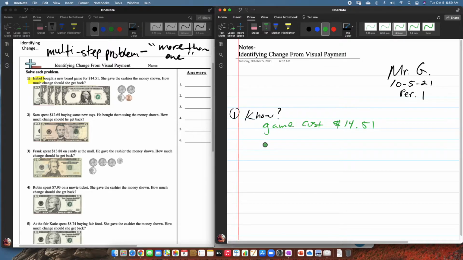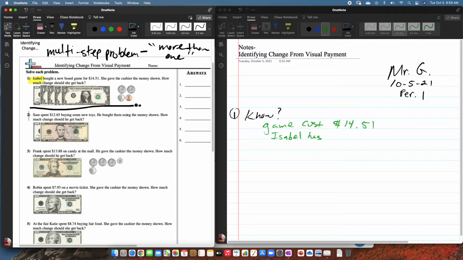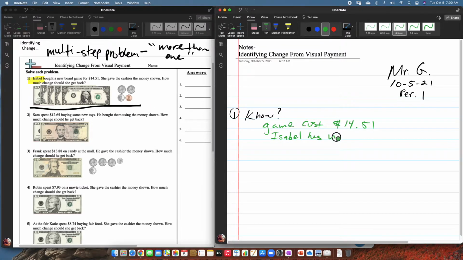And we also know the amount that Isabel has. We see this right here. We have a visual knowledge of the amount that she has. So we can say that here she has money, right? But do we know how much she has? So this is where the multi-step is going to come in and play.